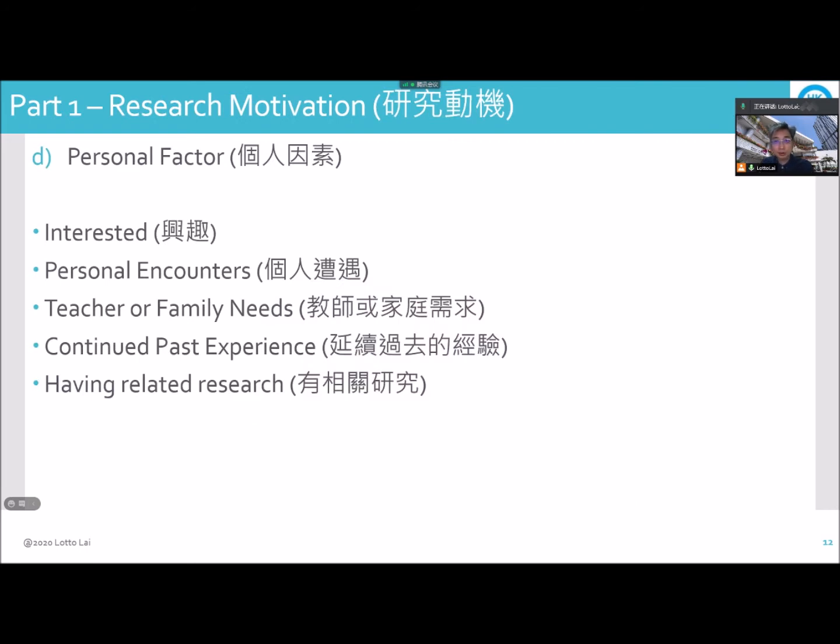And the last one is personal factors. Mostly the motivation is interest. If you are interested, you are more likely to spend your time on research. Personal encouragement, your teacher and family needs, or continuing past experience. This is usually related to your past experience and related research.